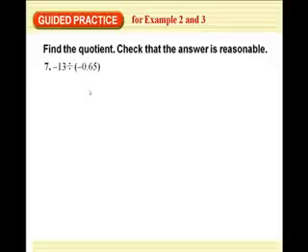So negative 13 divided by negative 0.65. 2 negatives make a positive, over 2, and straight up. Put my zeros in. 65 goes into 130 twice, which is 130, and then you have that extra 0.